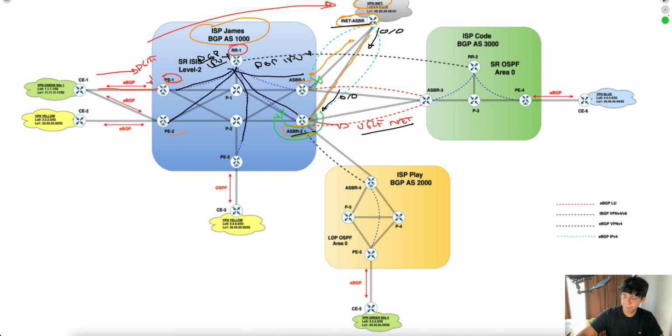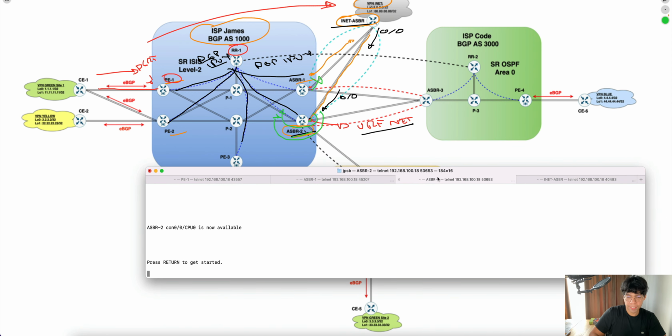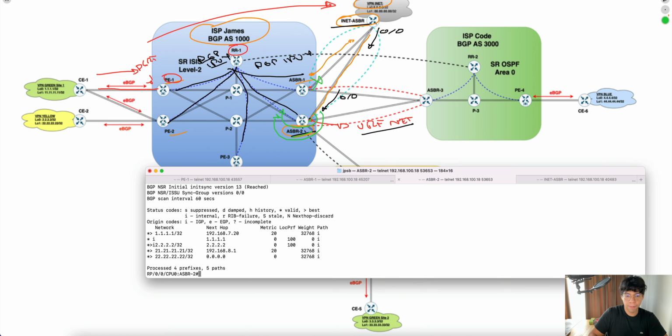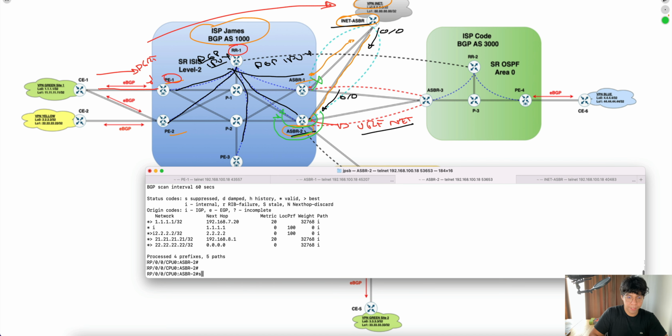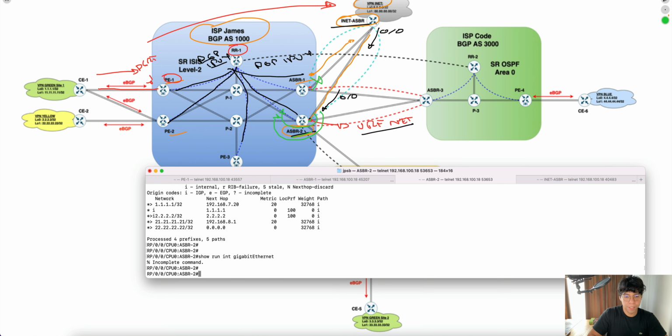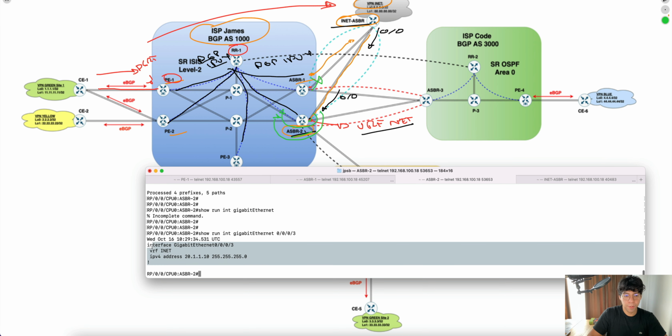So let's do that. For that, I have here my devices. So for example, let's verify that ASBR2 indeed receives the default route. It doesn't in the default routing table. Okay, so ASBR2 has this interface over the INET, which is the 003. So if I take a look here, this is the interface towards INET, and this is under a VRF.